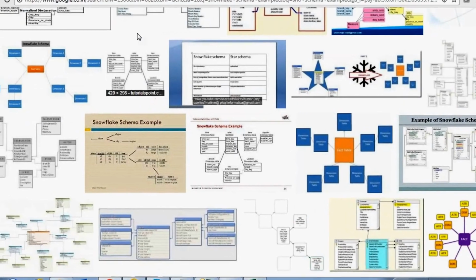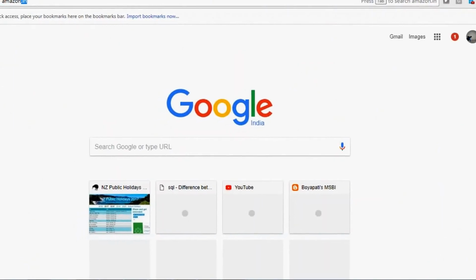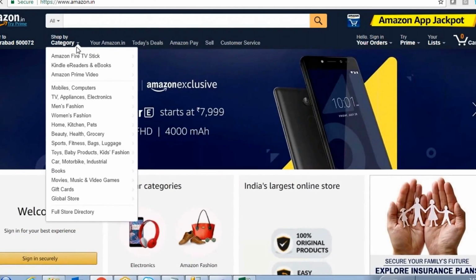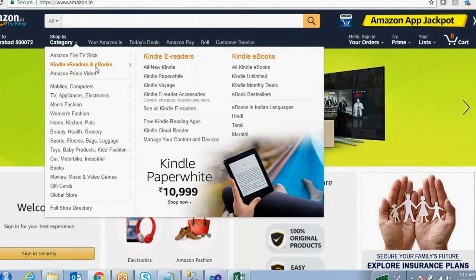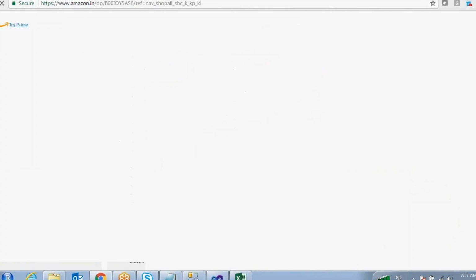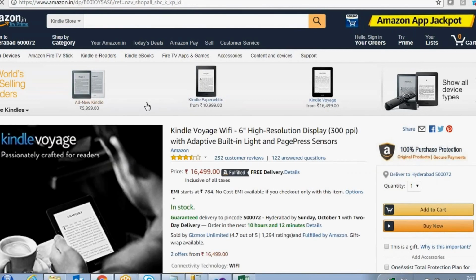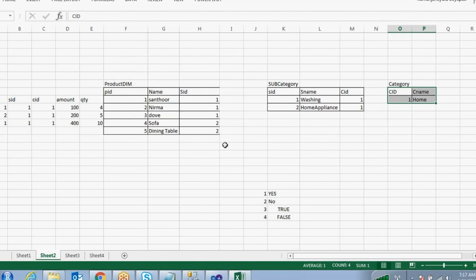Simple example: if you go to Amazon.com, they have different products, different categories. Amazon Fire TV Stick, Amazon Prime Video. Under each category, they have different subcategories, like the all-new Kindle Paperwhite. If you go to a particular subcategory, there are a lot of products, say 1, 2, 3, 4 products. So that is category, subcategory, product.